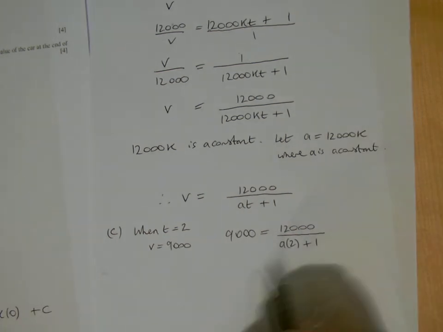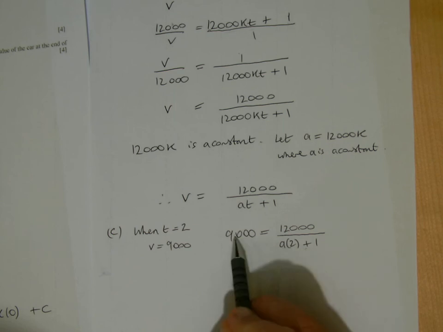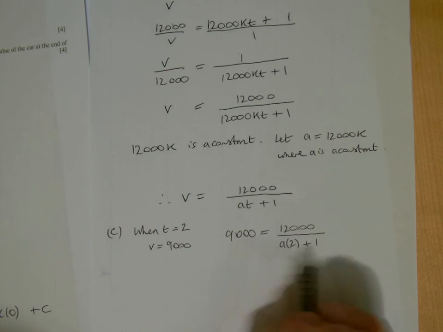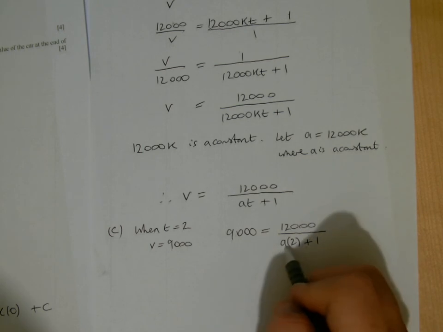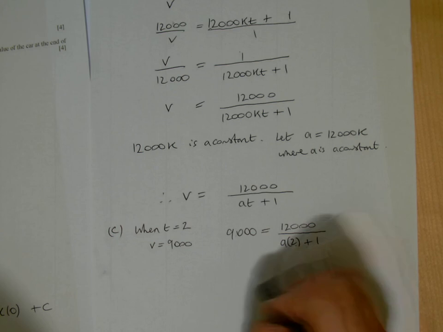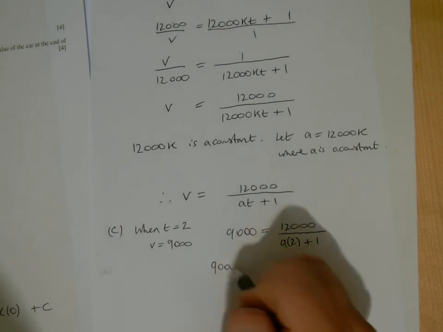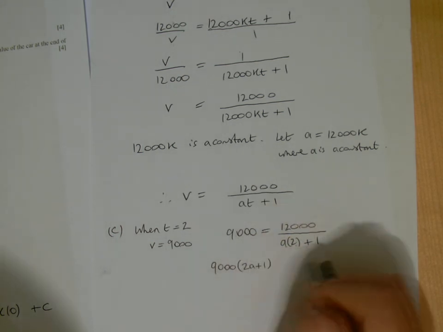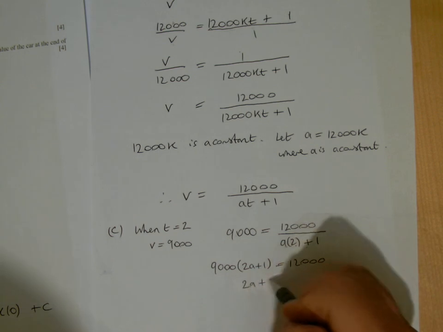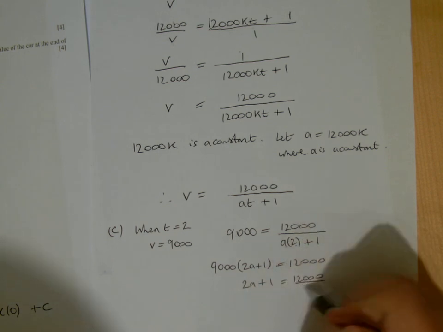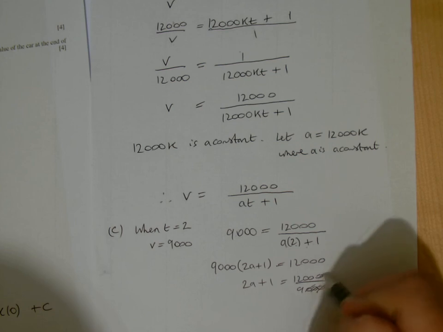Another way we can manipulate this algebraically: I can take this bottom all the way up to the top, and the 9,000 I could take down there. I'll do it in steps. So a times 2 plus 1 is 2a plus 1. So basically I've got 9,000 times 2a plus 1 equals 12,000. Let's divide them by that 9,000. What's nice is those zeros all cancel.